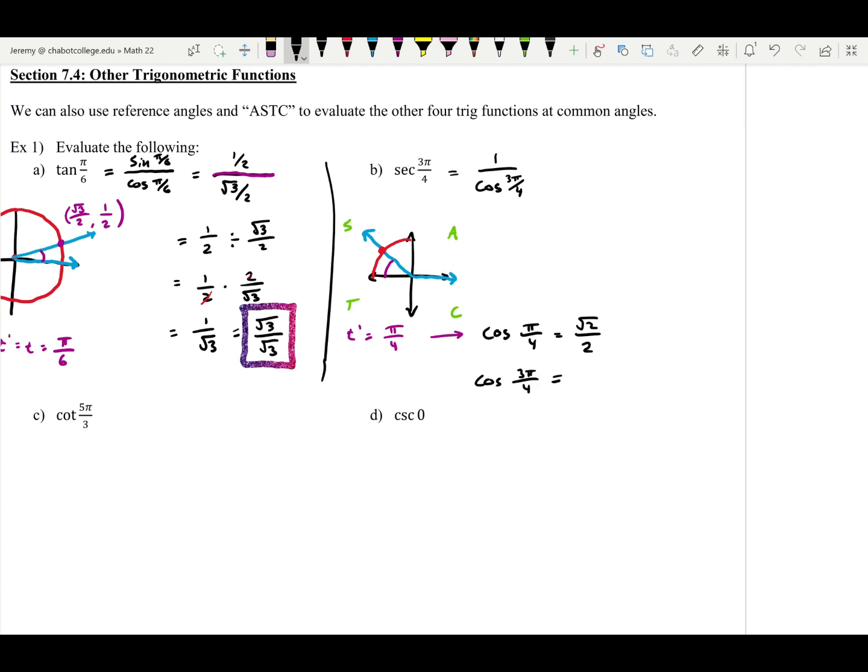Is it positive or negative, given that 3 pi over 4 is in the second quadrant? Well, all students, sine is positive in that region, but cosine is negative. So cosine of 3 pi over 4 is actually going to be negative root 2 over 2.